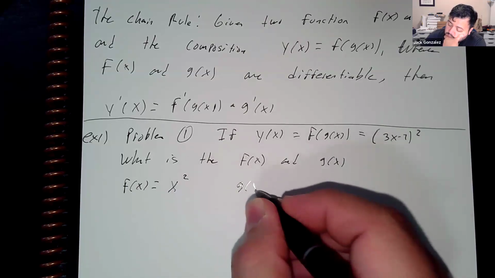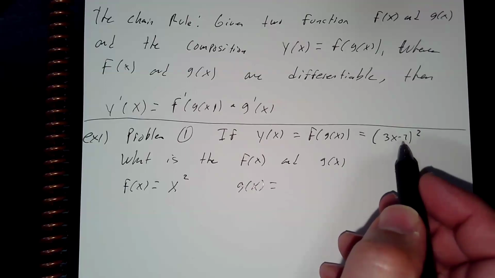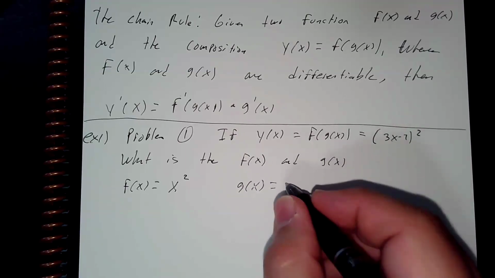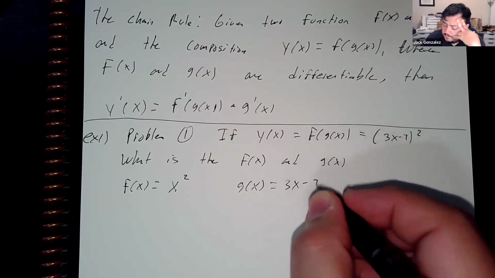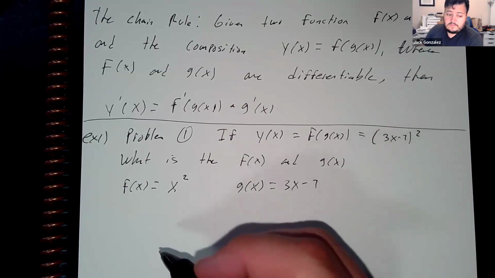What's the inner function? Just this, 3x minus 7. Yeah, just this inside piece, right? Okay. So in the homework, they want you to identify this.